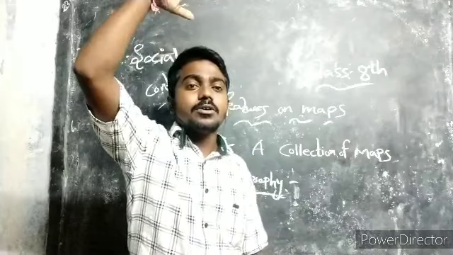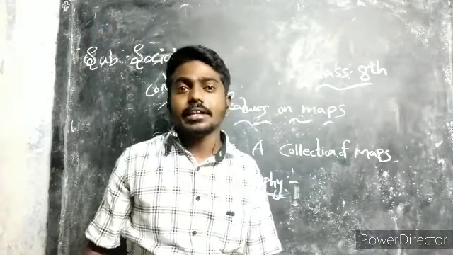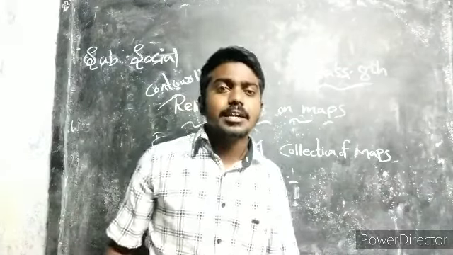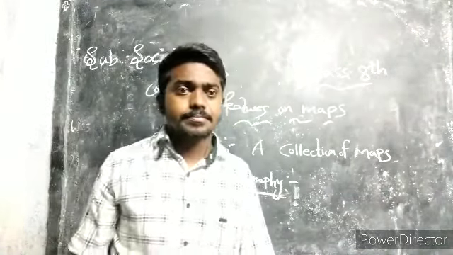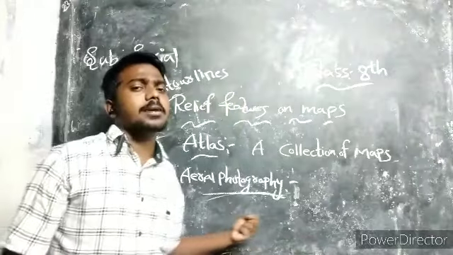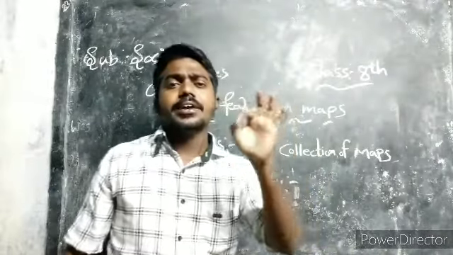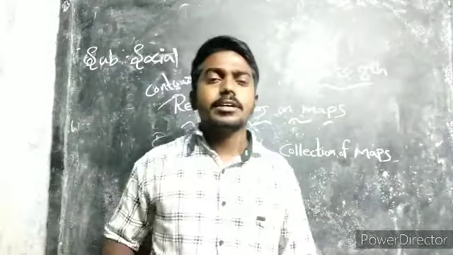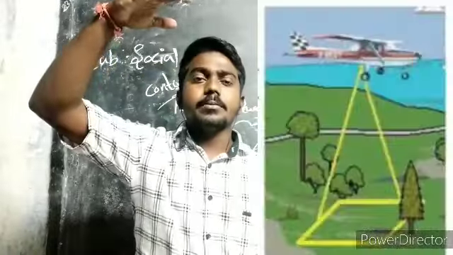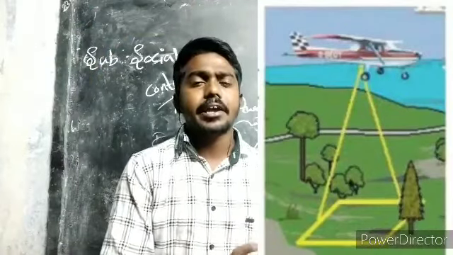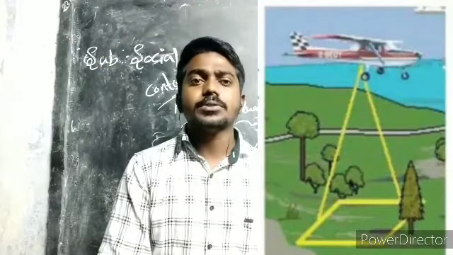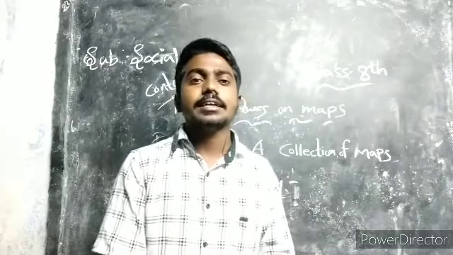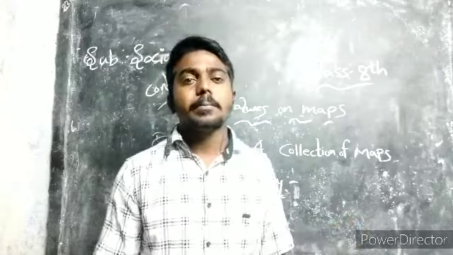They take photos of the ground using helicopters and air balloons. Aerial photographs are not maps. I'm saying once again, aerial photographs are not maps. Aerial photography is nothing but taking photographs of the ground from a high position using aeroplanes, helicopters and air balloons.